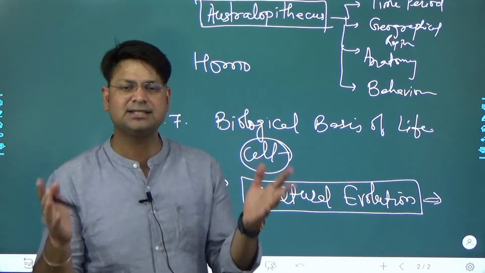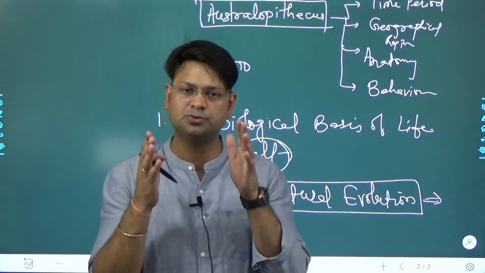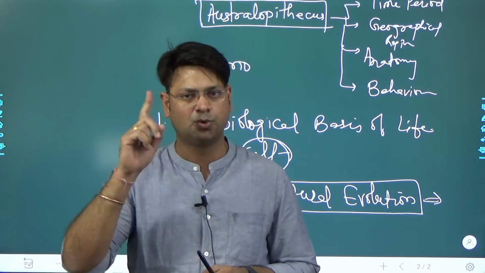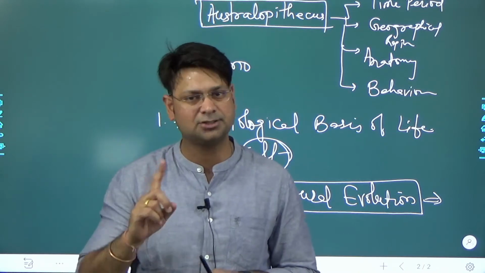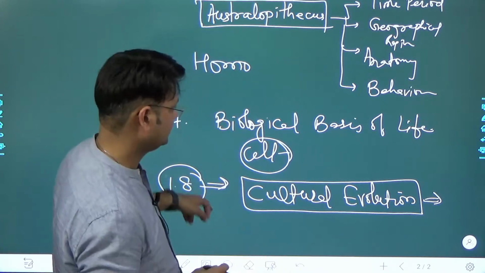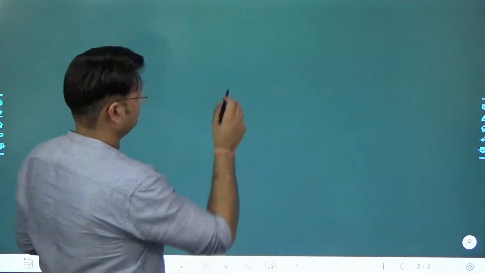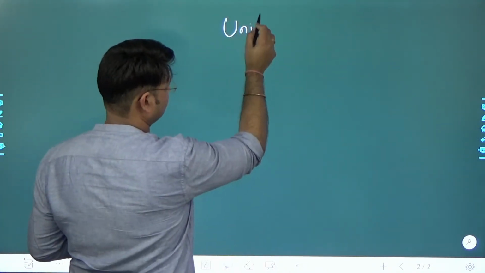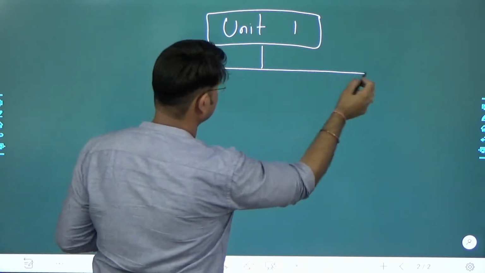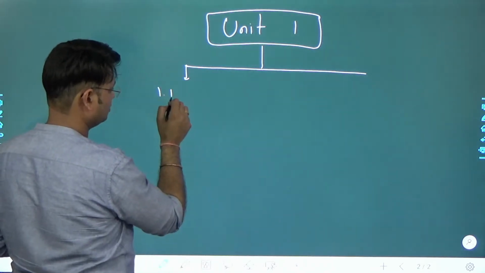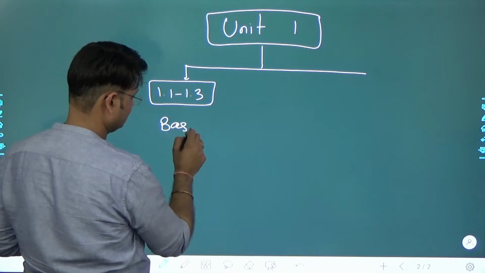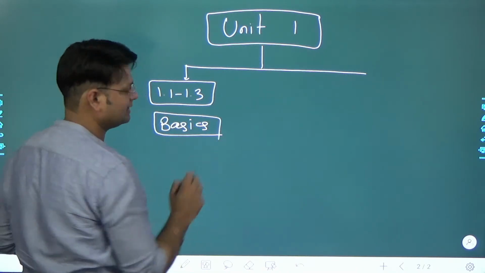In a broader sense, if you look at unit 1, it talks about, one, the basics of anthropology, and second, evolution. If you dissect it, 1.1 to 1.3 is basics, and even the basics are not complete here.